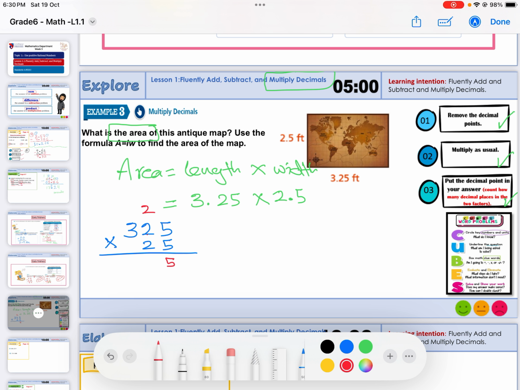That will be 10. 10 plus 2, that will be 12. Again, I got 2 digits, so 2 stays down and 1 goes up. Now, let's keep on moving. So what I'm doing here, I'm multiplying the 5 with each one of the place values on top. And then 5 times 3, that's 15, plus 1, that will be 16.